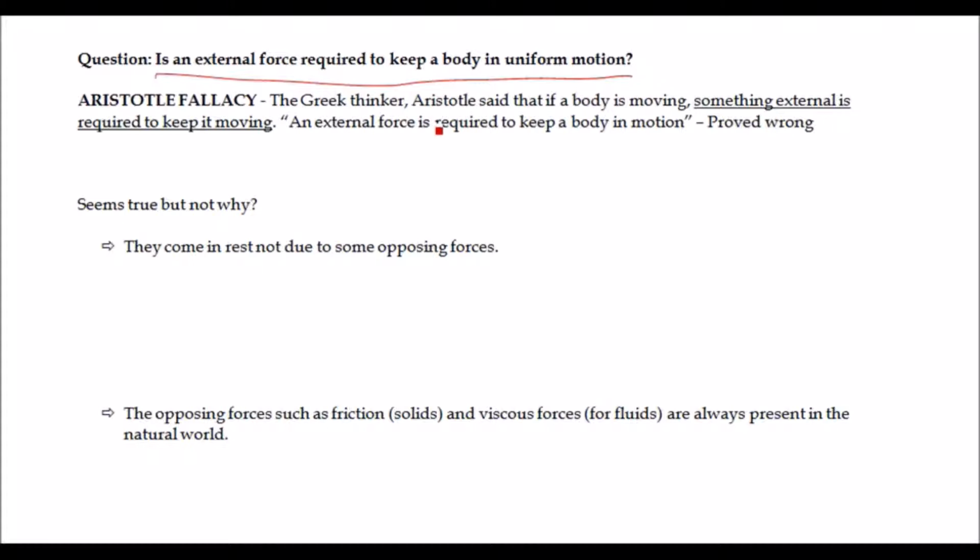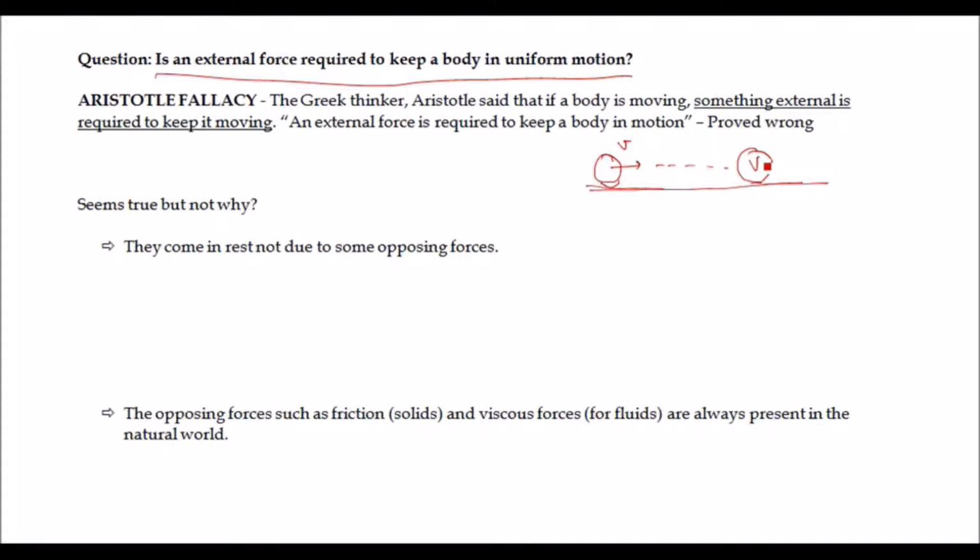The Greek thinker Aristotle says that if a body is moving, something external is required to keep it moving. That is, an external force is required to keep the body in uniform motion. What he observed is that if I throw a ball with some velocity v, then to keep this velocity constant, an external force is required.